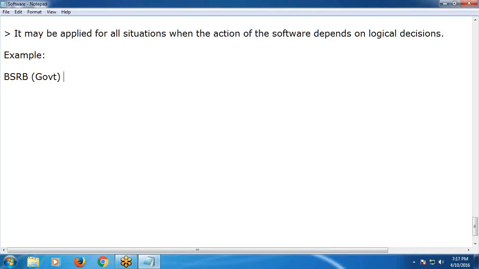The BSRB system means the application under test, for a clerk or some job: job eligibility criteria.